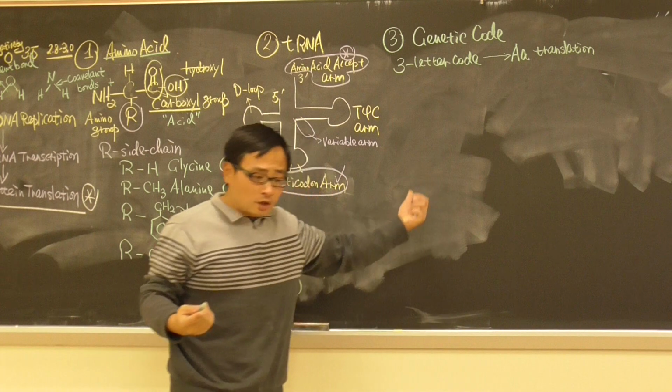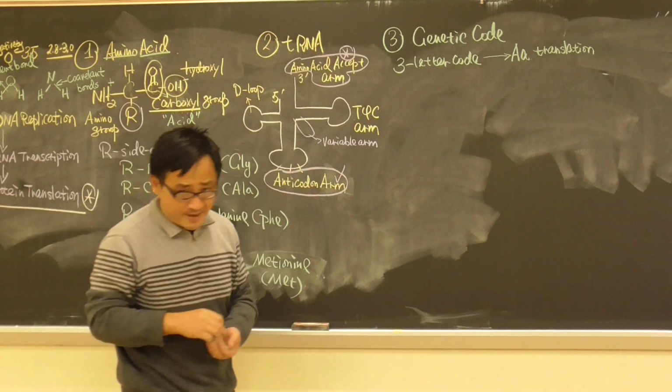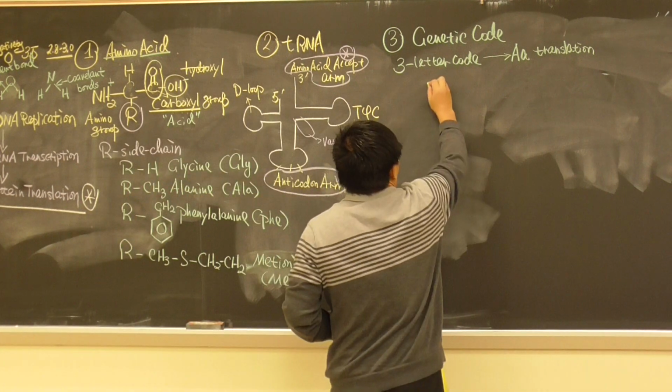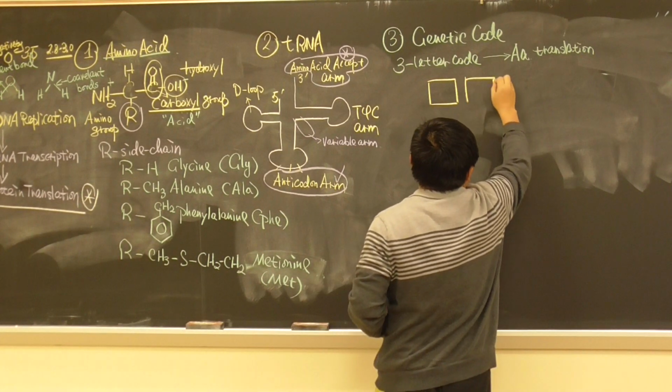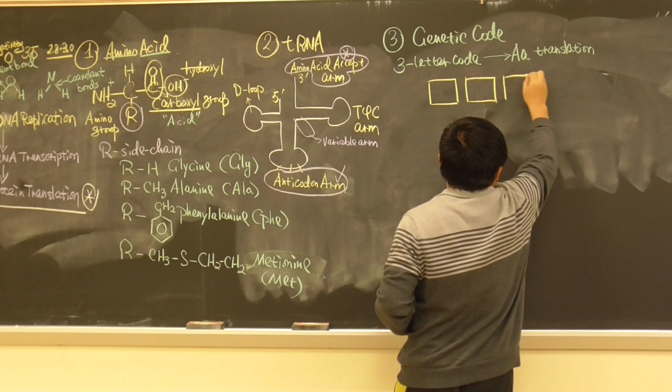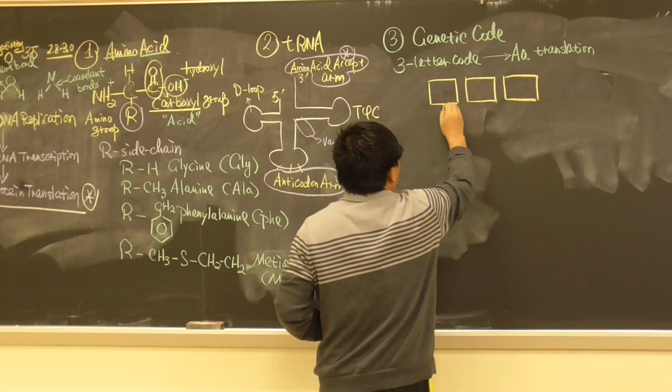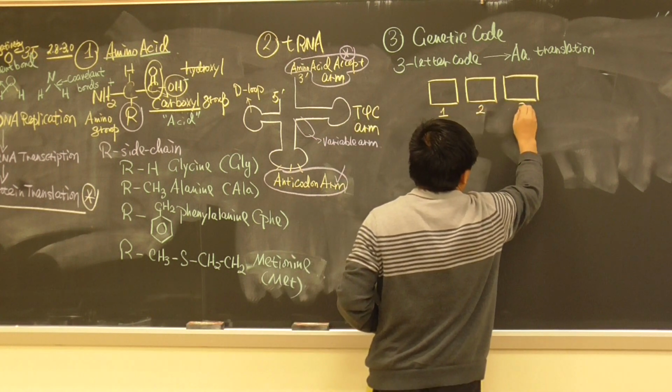Now, before we talk about detail, let's do a simple math. Okay, I have 3 boxes: box number 1, box number 2, and box number 3. I labeled them 1, 2, 3.